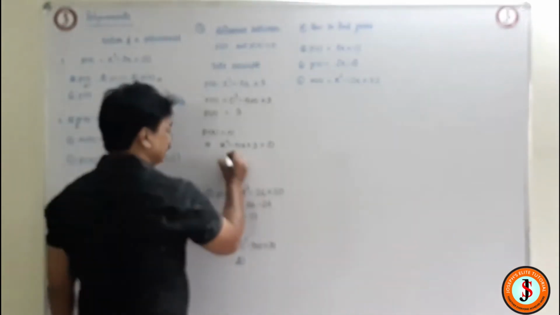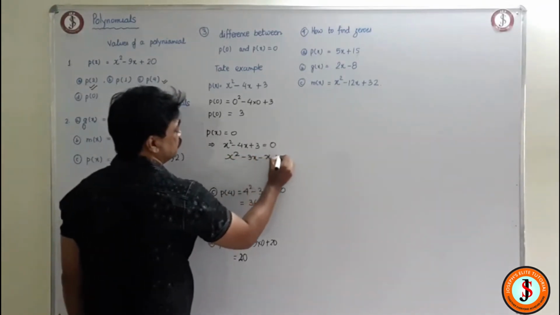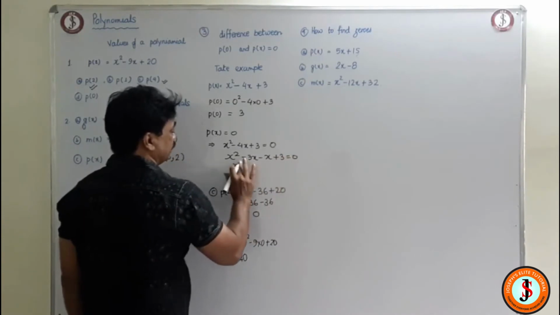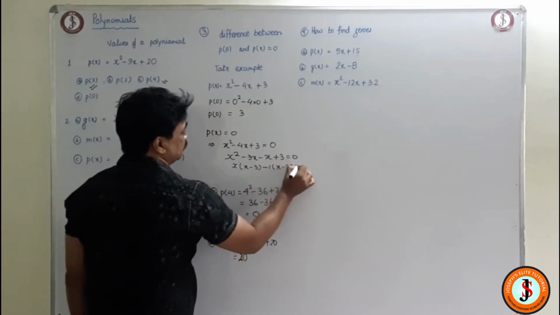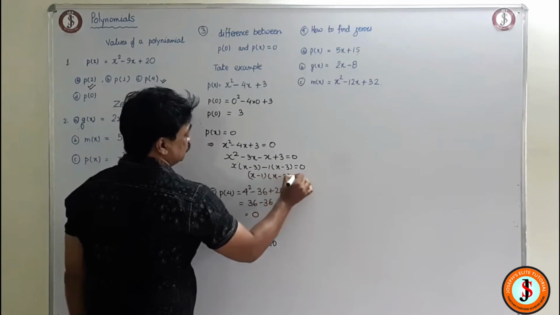So what you will get, x square minus 3x minus x plus 3 is equal to 0. Taking x common, x(x minus 3), and taking minus 1 common, minus 1(x minus 3) is equal to 0. So (x minus 1)(x minus 3) is equal to 0.